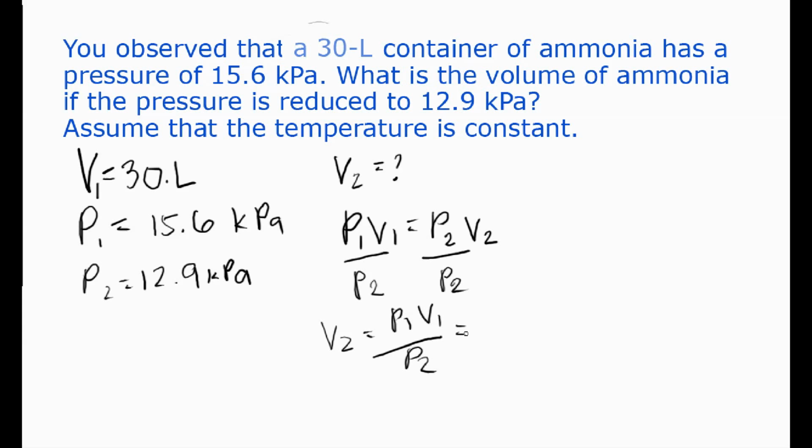By substituting the values, P1 is 15.6 kilopascals, V1 is 30 liters, all over P2, which is 12.9 kilopascals.